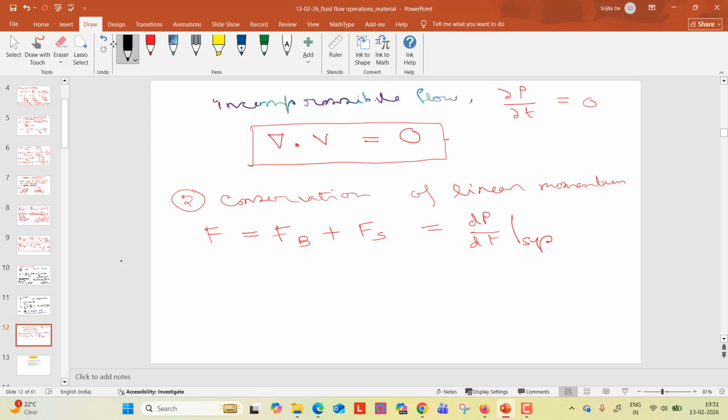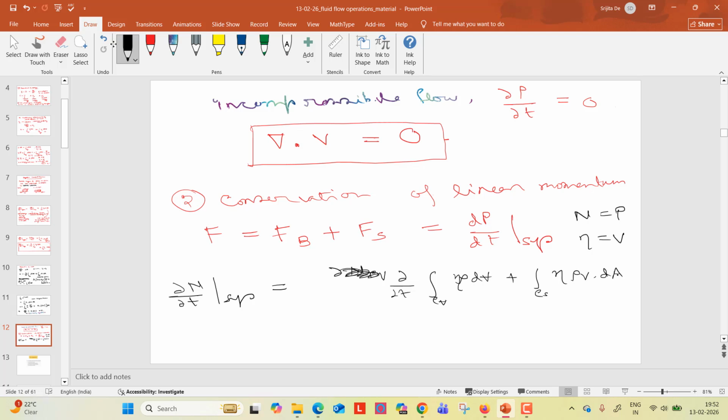We also know that here N equals P and eta equals V. So dN/dt of the system equals del/dt of control volume eta rho dV plus control surface eta rho V dA.